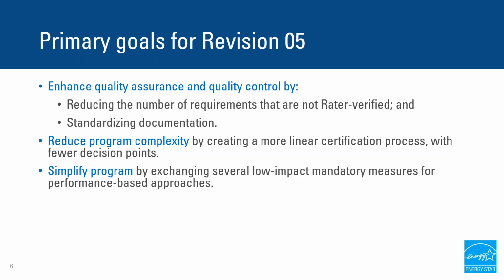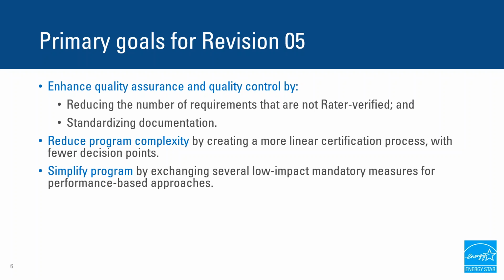And the third is to simplify the program by exchanging several lower impact mandatory measures for performance-based approaches. We think that by eliminating some of those mandatory requirements, we can help get projects passed with fewer trip points for certification, but still, using those performance-based approaches, have buildings that meet our promise.